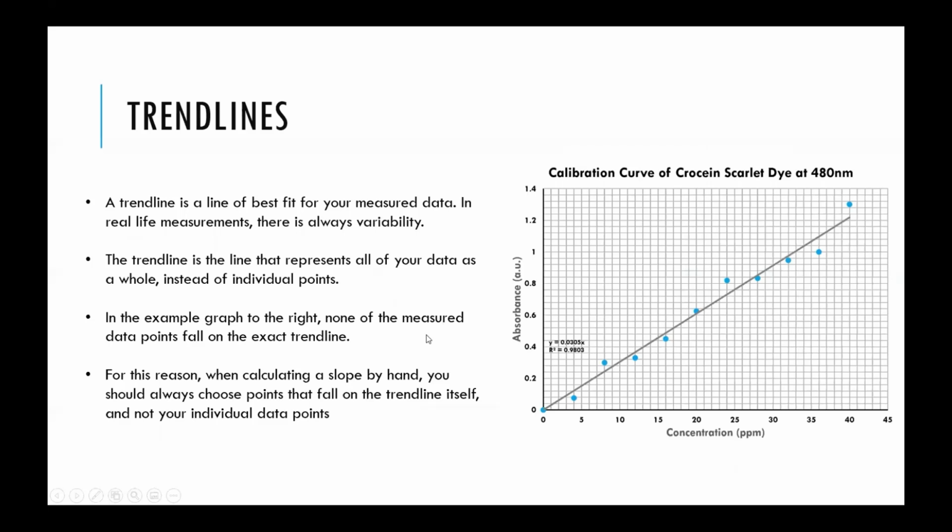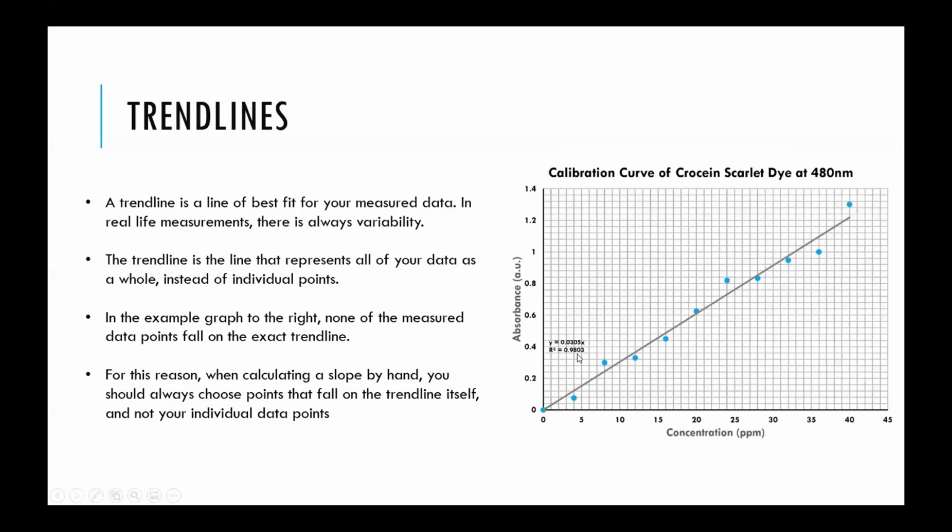So one more thing about trend lines. When you're looking at trend lines, like I said, the data points do not have to fall exactly on the line. The line itself is the line of best fit, the trend for the data.